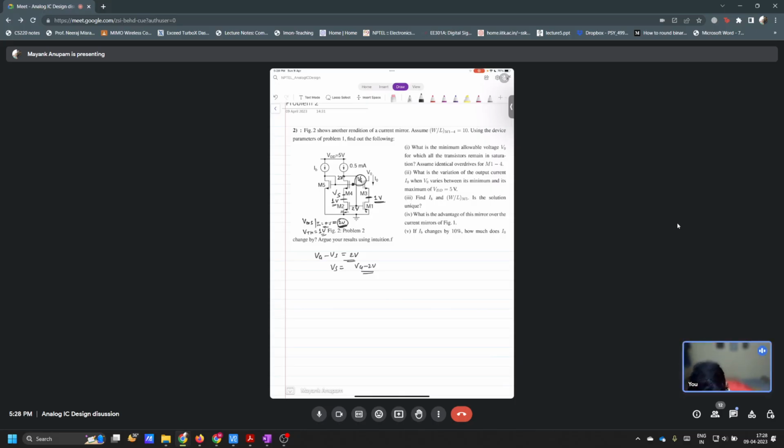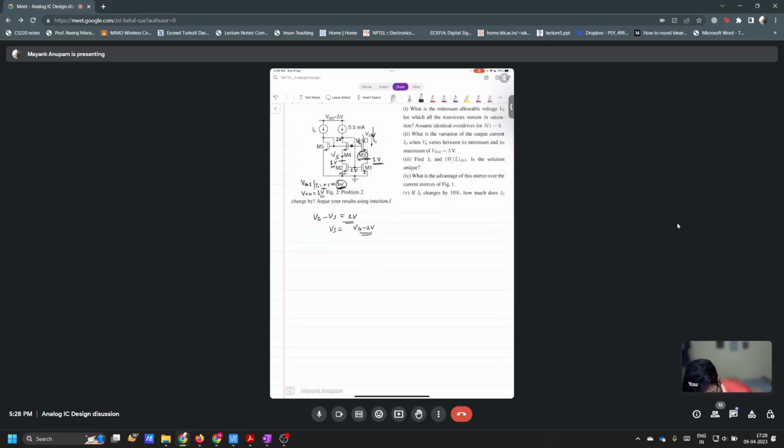Now as you clearly pointed out, for M3 to remain in saturation, this gate VG has to be one overdrive above V naught, right? So if you want to reduce V naught, you have to reduce VG, right?